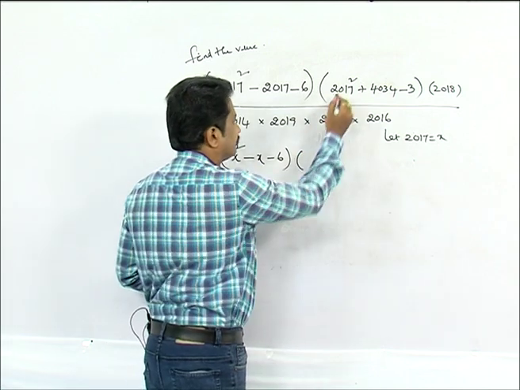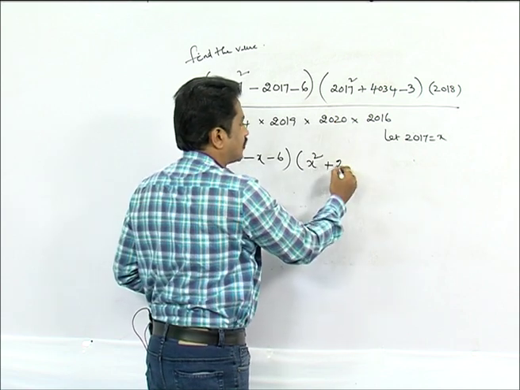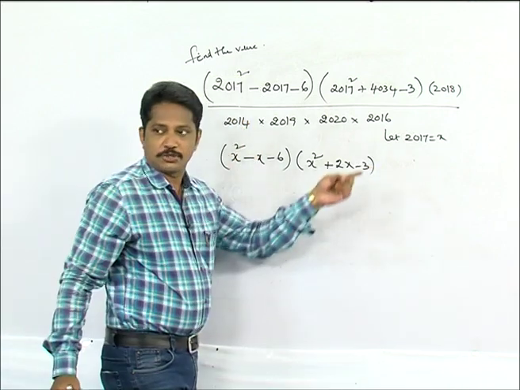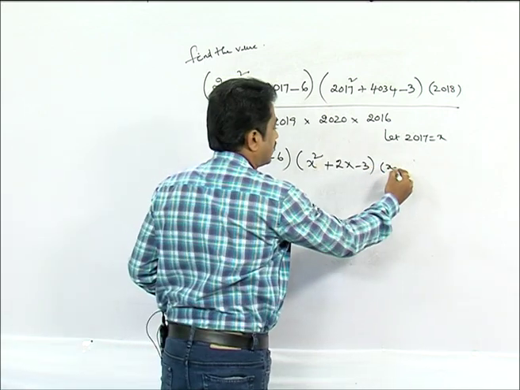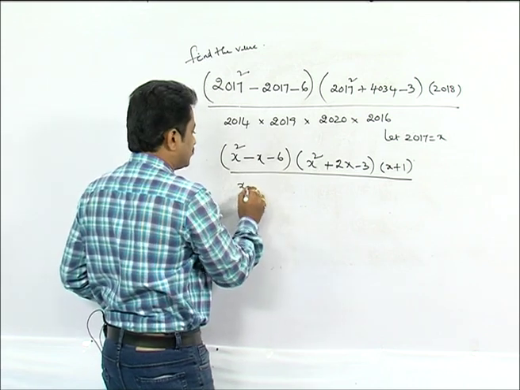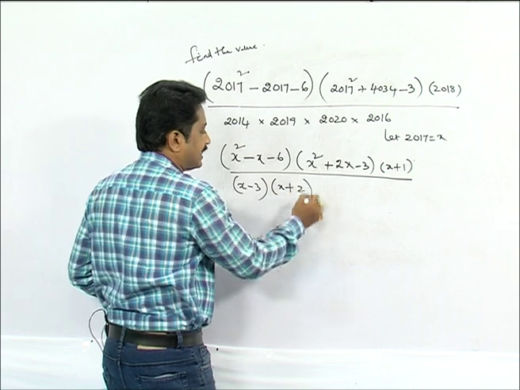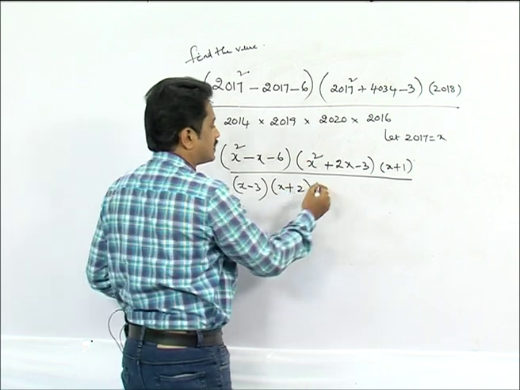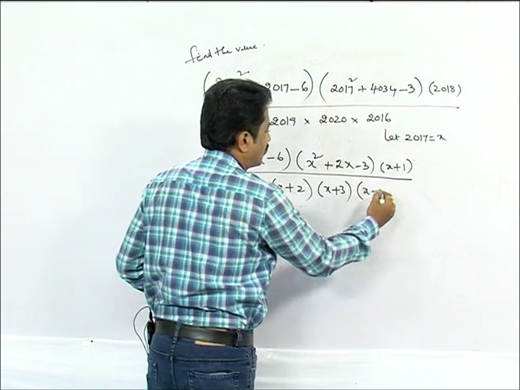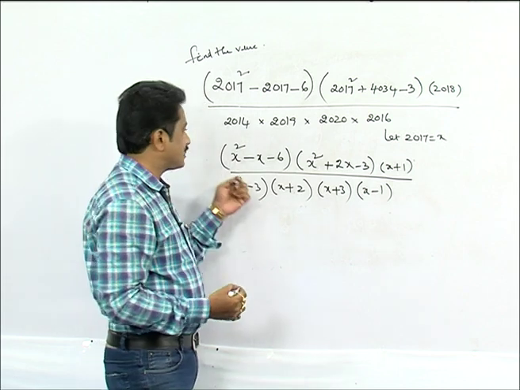The second one, x square, and what is 4034? 2x minus 3. 2018 is x plus 1, 2014 is 3 less, x minus 3, 2019 is 2 more, x plus 2, 2020 is 3 more, x plus 3, and 2016 is 1 less, x minus 1.